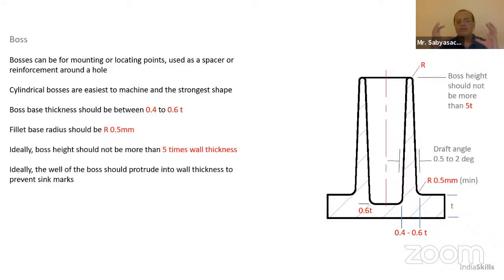The amount of material shrinkage that's going to happen will be less because there's less material, so the amount of sink will also be less. Very, very simple points, but these are things that will actually help you design and detail the product to a much higher degree of finesse.